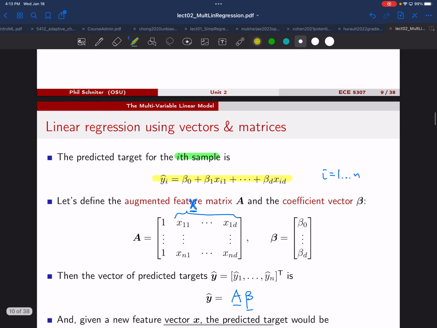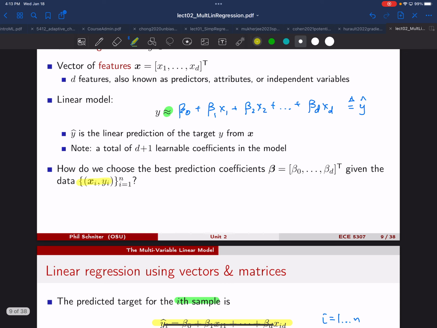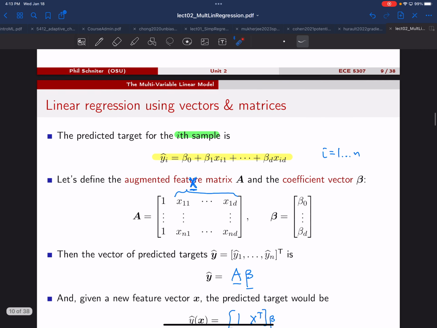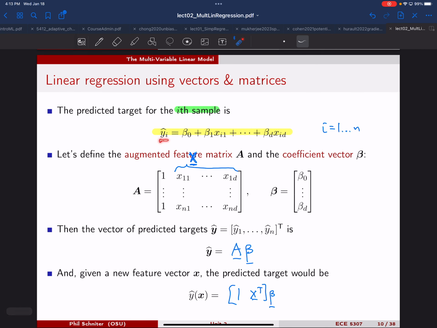So we have a set of data samples, which are these XY pairs. If we rewrite this linear model for the data, we essentially need to put subscript i on all the x and y quantities. So that's where we get this. Now we have y hat i, which is the prediction of yi by our linear model based on the data sample, the vector xi.